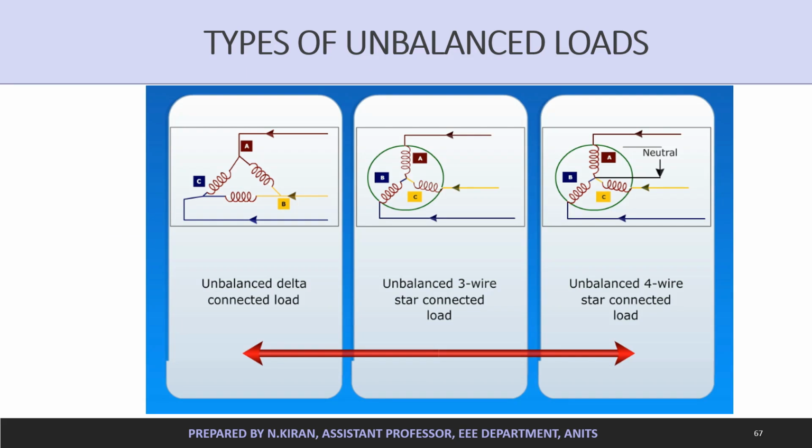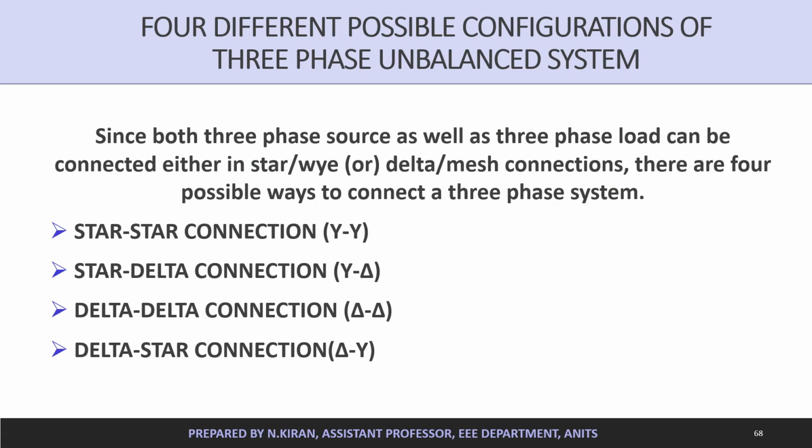So the types of unbalanced loads are of three types: unbalanced delta connected load, unbalanced three-phase 3-wire star connected load and unbalanced 4-wire star connected load. Since both the sources as well as the loads can be connected either in star or delta, there are four possible ways to connect a three-phase system: star-star connection, star-delta connection, delta-delta, and delta-star connection.